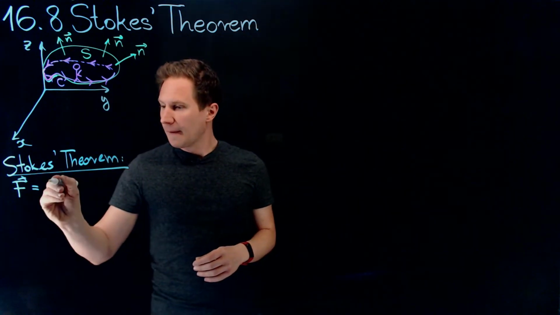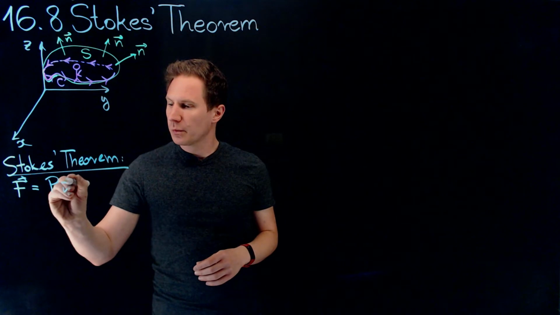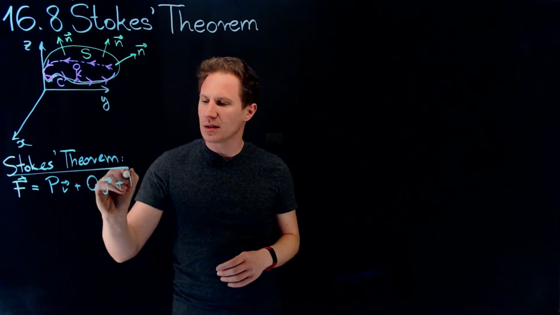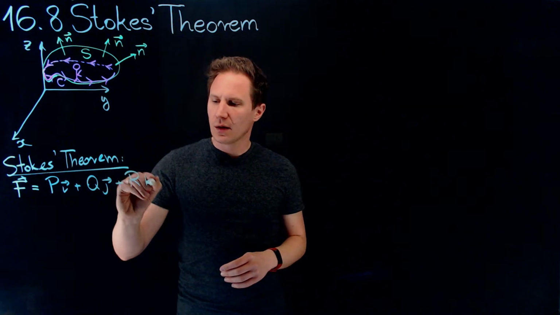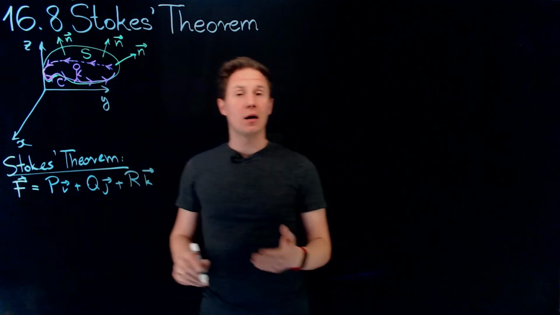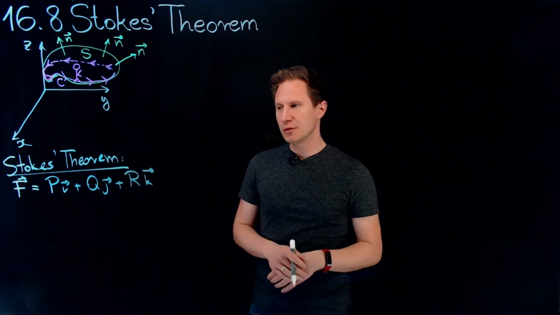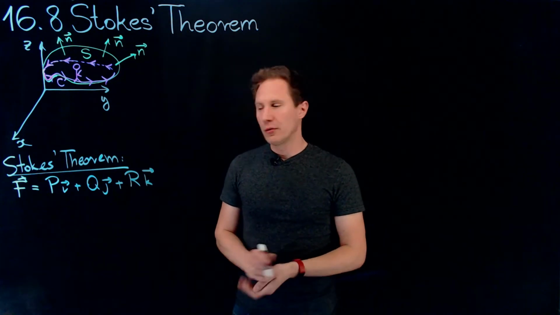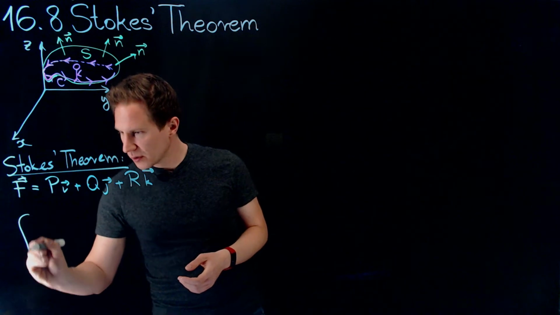It has components P, Q, and R, which are functions of x, y, and z, and we assume that P, Q, and R have continuous partial derivatives with respect to x, y, and z. Then the following relation holds true.